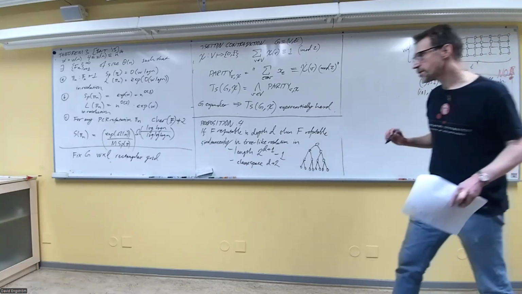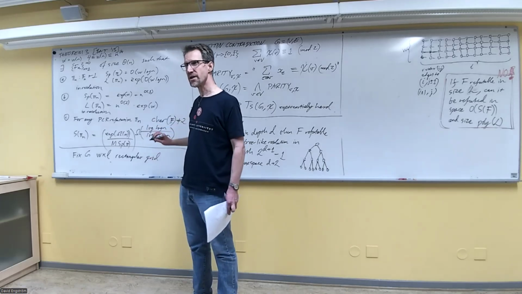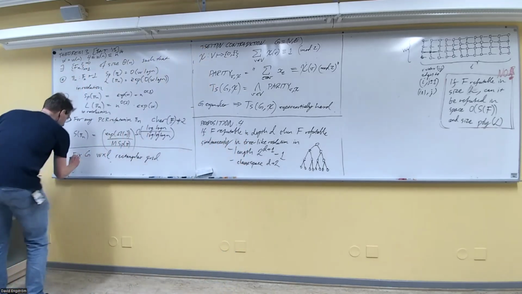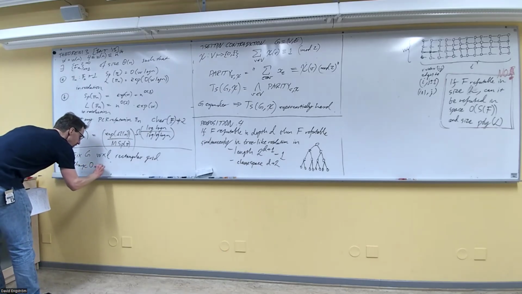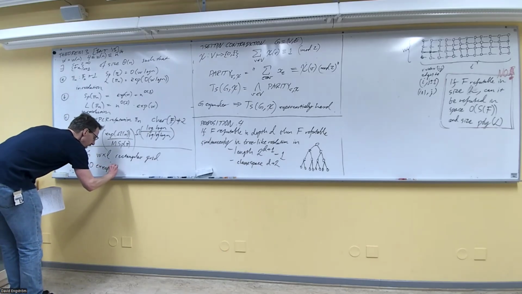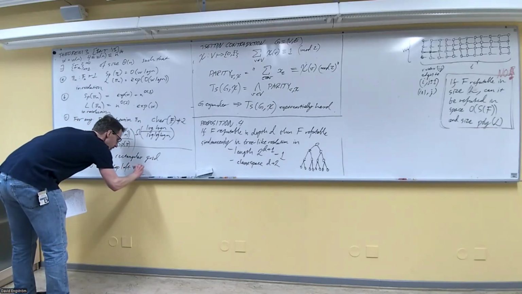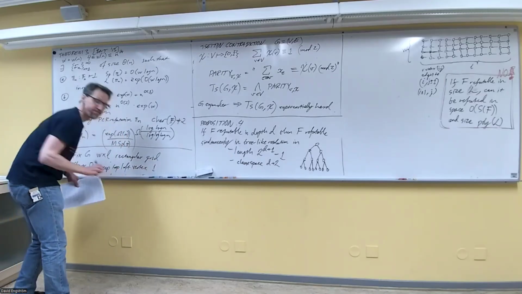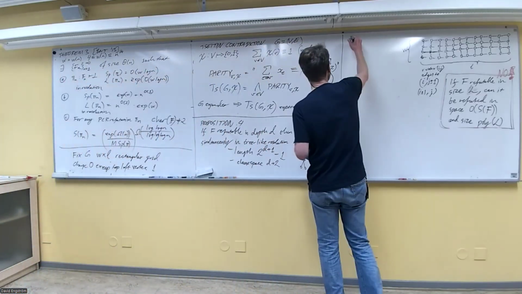Okay, so from now on, G is this rectangular grid, and we also agreed that the charge is 0, except the top left vertex has charge 1, right? Just writing down on the board what you and I already agreed about.